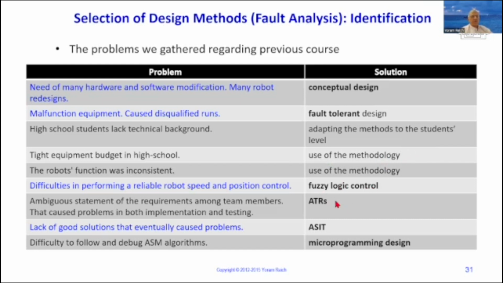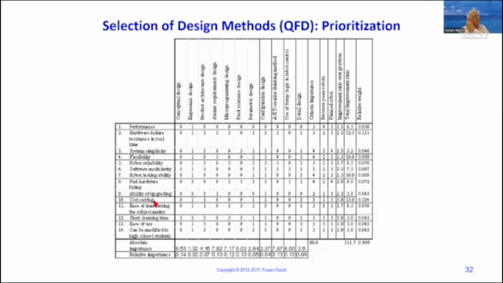Fuzzy logic control is necessary, and some other topics like, for example, ACID is creativity, ATRs is how to handle the requirements well, and microprogramming design for designing for control. This is a QFD matrix where we looked at the issues that we came up with in previous courses here.